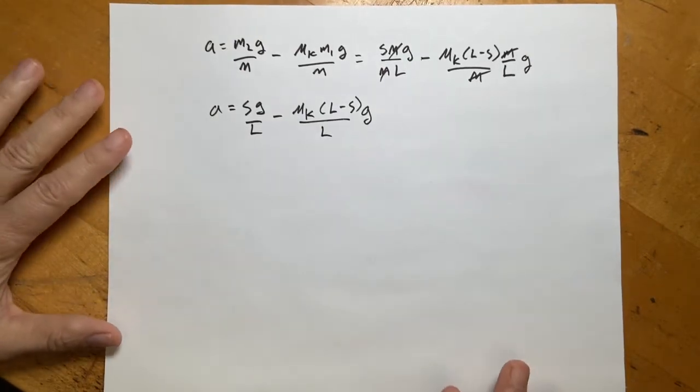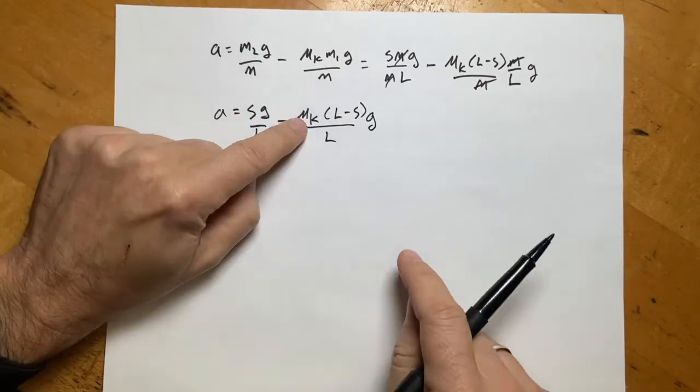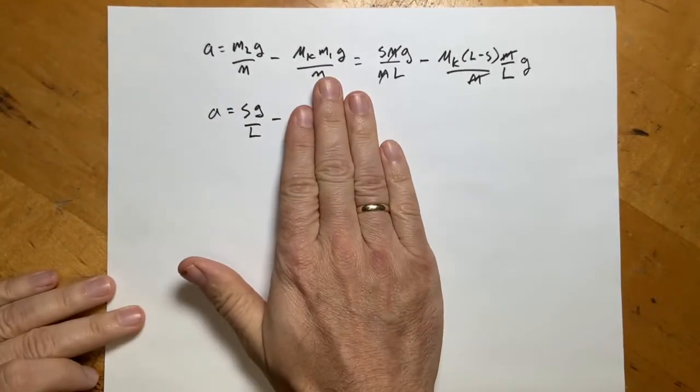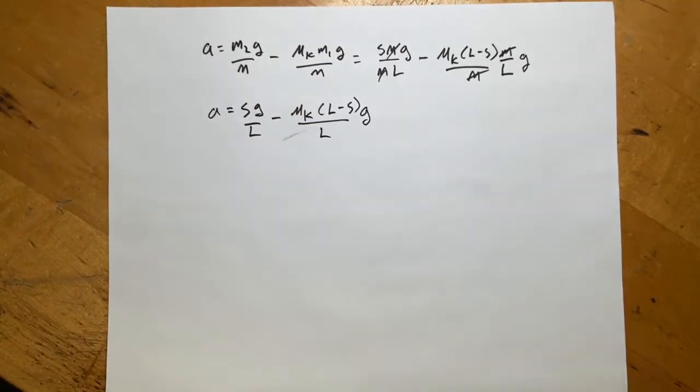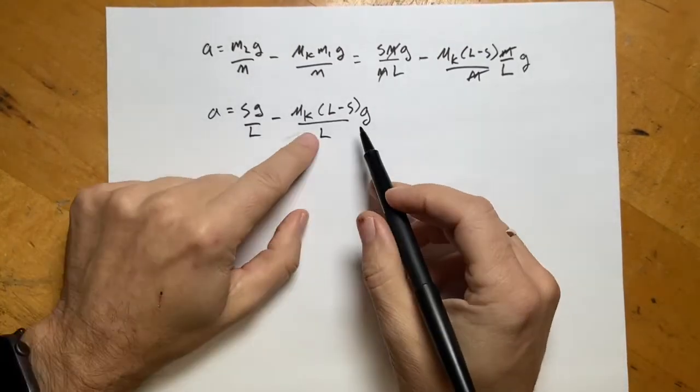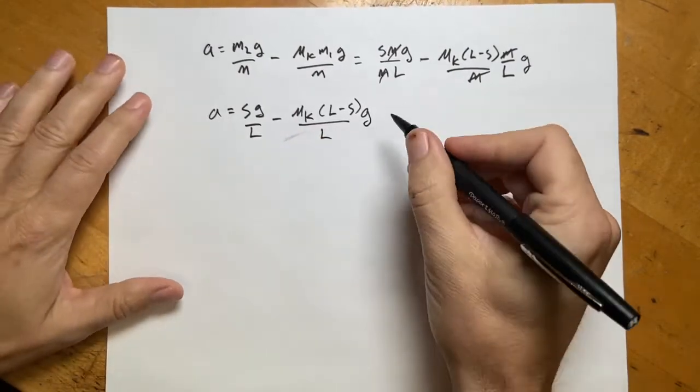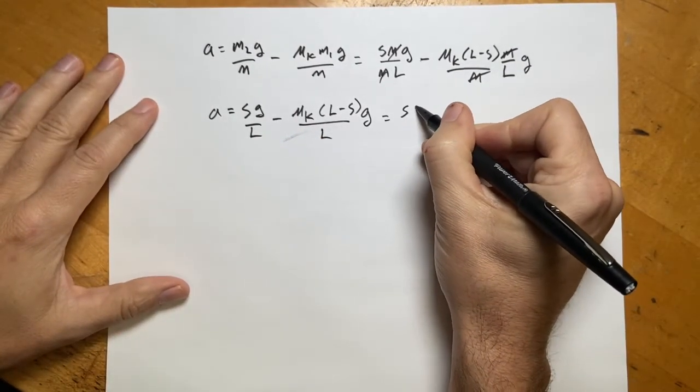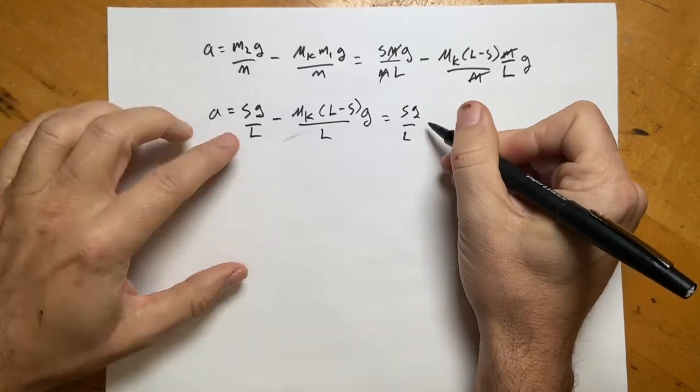Okay, let's stop for a second. If mu is equal to 0, then this term goes away and I get back to what I had before. That's a good thing. I'm trying to think. The mass does indeed cancel. Is it worth it? I think it might be worth it. Let's just write this as S g over L. And now I'm going to multiply this out.